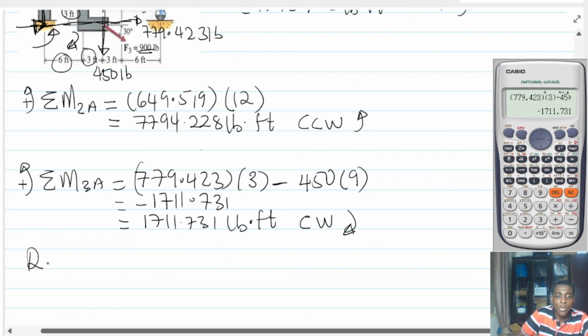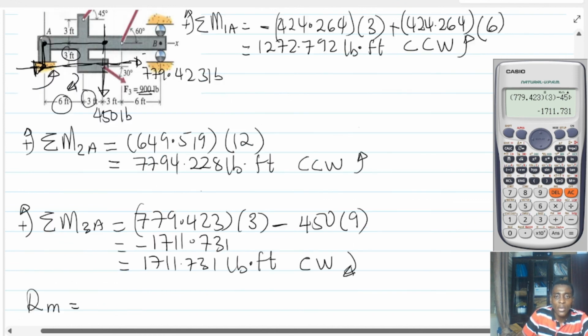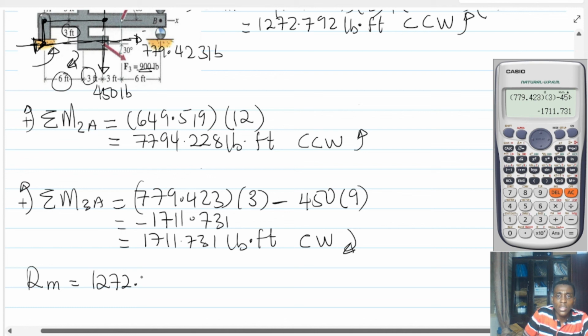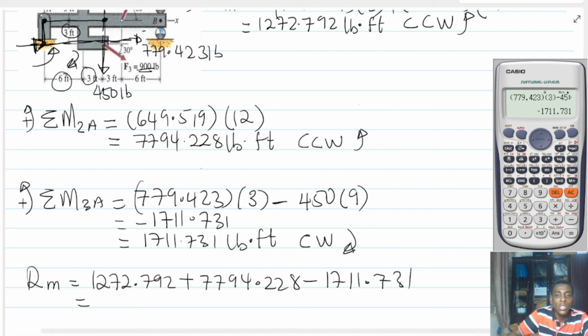So the resultant moment is going to be what? Let's look at the resultant. We're going to 1272.792 plus 7794.228 minus 1711.731. Now what is that going to be? So let's pick our calculators and punch it.